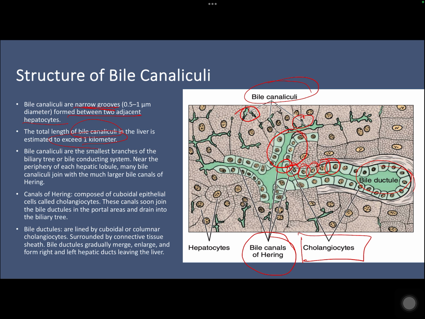Then the canals of Hering fuse together to form the bile ductule, which is a part of the portal triad. As I mentioned earlier, the portal triad contains a branch of the bile duct known as the bile ductule.